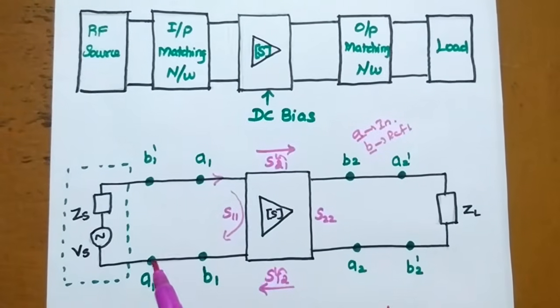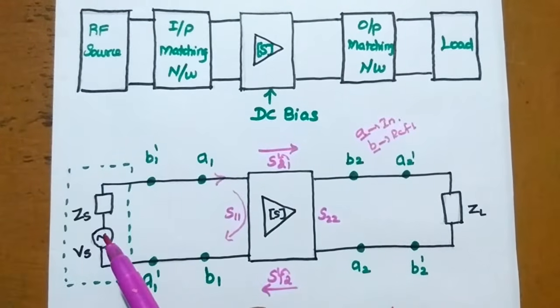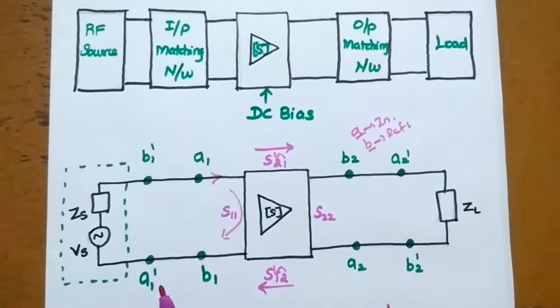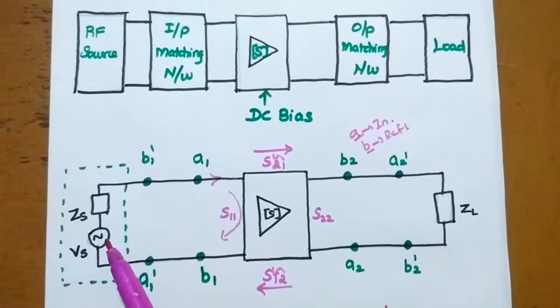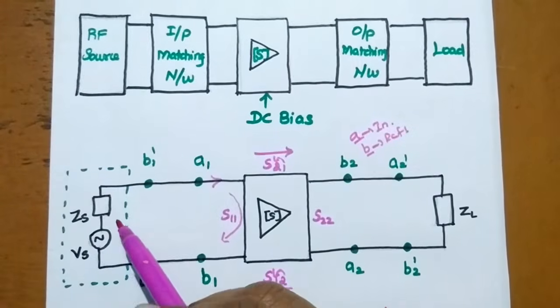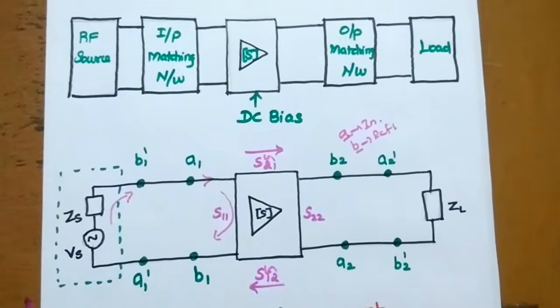This B1 is converted to A1 dash, the input signal to the RF source. Then there may be some reflection, represented as B1 dash.